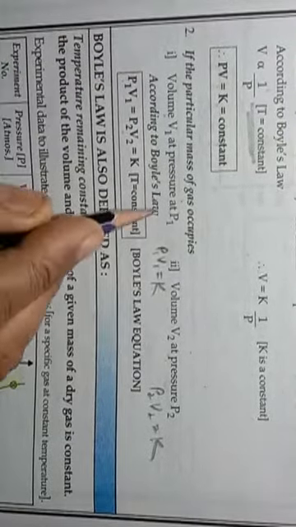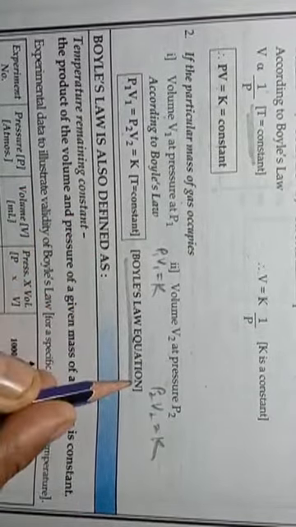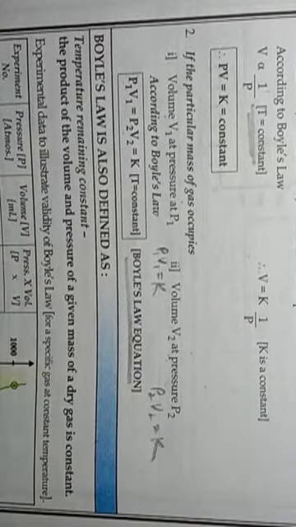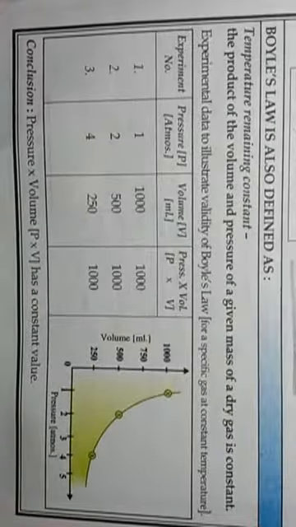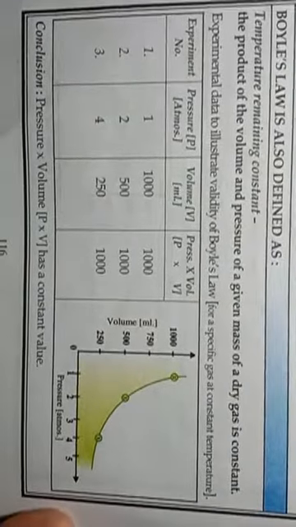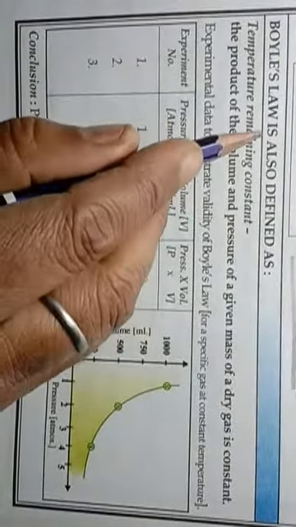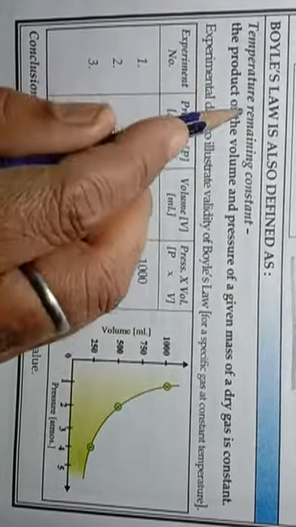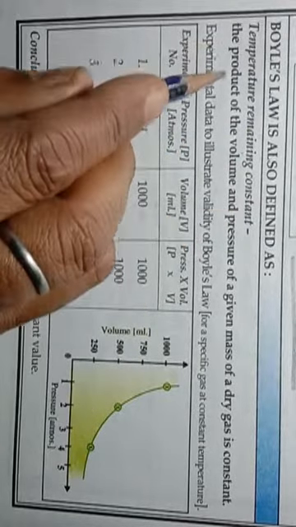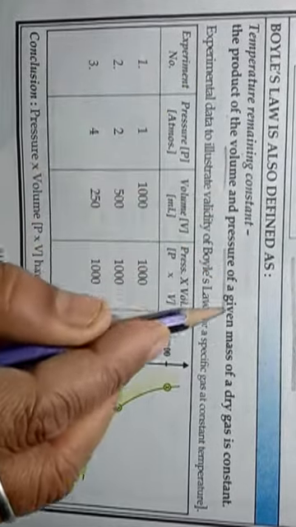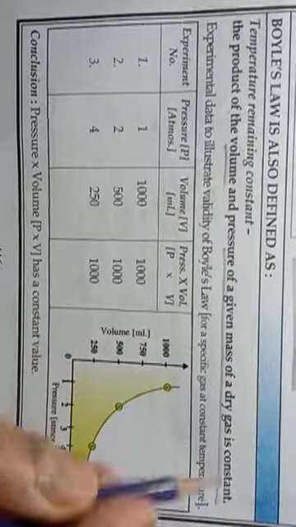This relation is known as Boyle's law equation, or simply Boyle's equation. Boyle's law is also defined as: temperature remaining constant, the product of the volume and pressure of a given mass of a dry gas is constant.